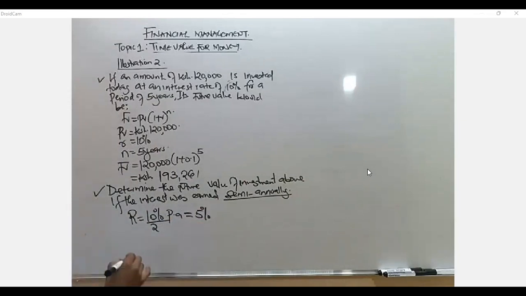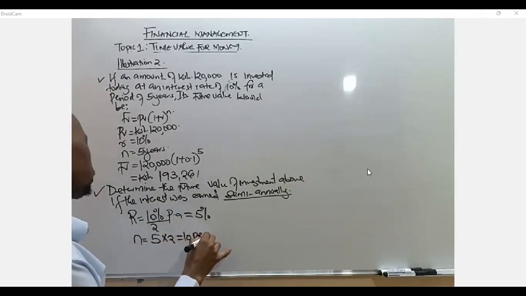There are only 2 things basically affected here. Our N will also be doubled, because in a year I normally get my interest twice. So the period is going to be doubled, and I'm going to have 10 periods.